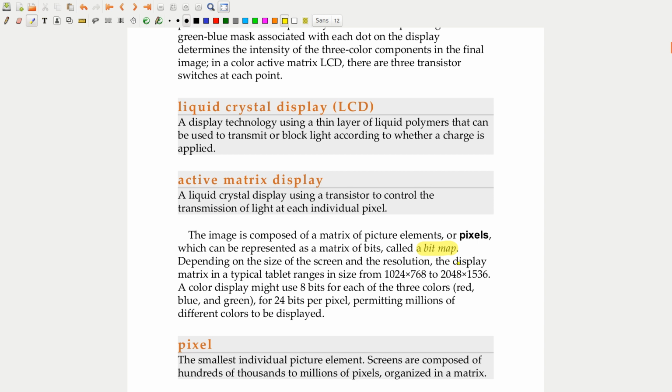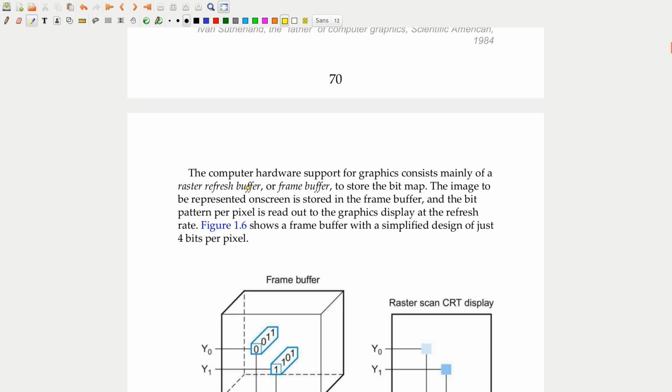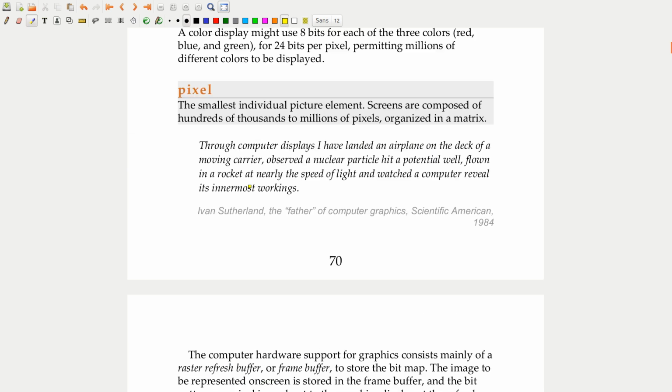It knows what that math actually looks like, which is fairly interesting. Okay, so depending on the size of the screen and the resolution of the display, the matrix in a typical tablet ranges in size from 1024 by 768 to 2048 by 1536. Okay, so we're just talking about resolution here. Not that interesting. We can skip over this.